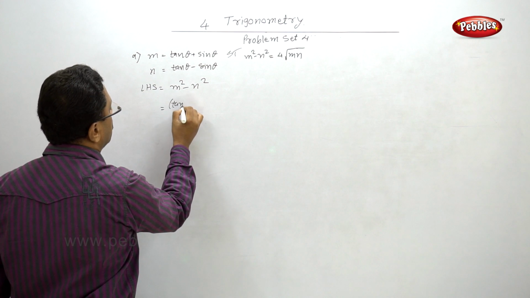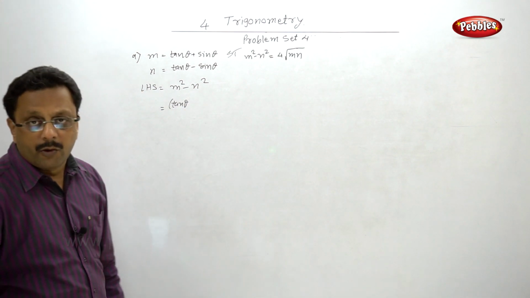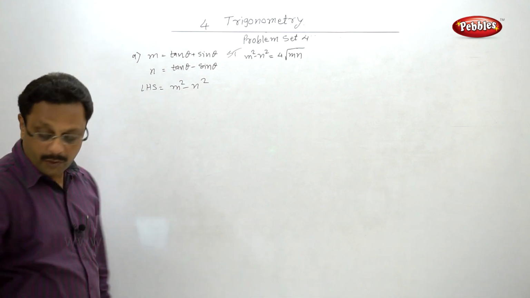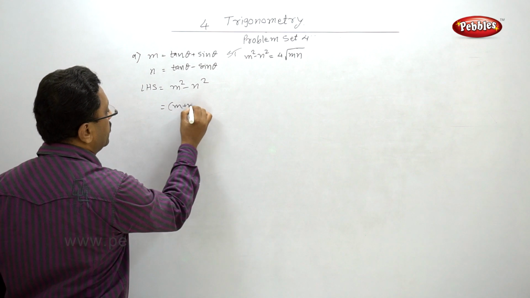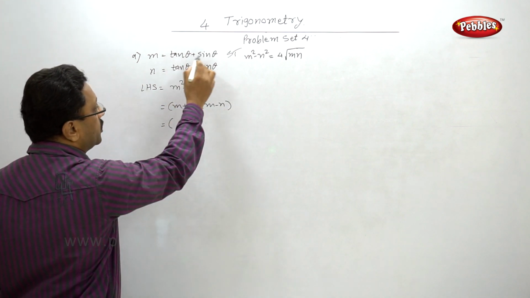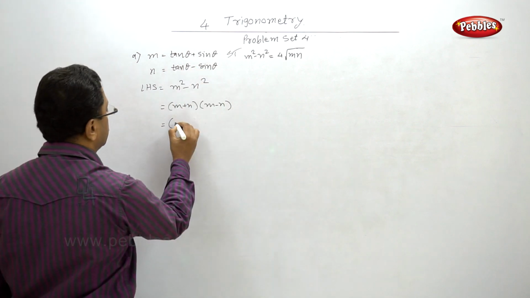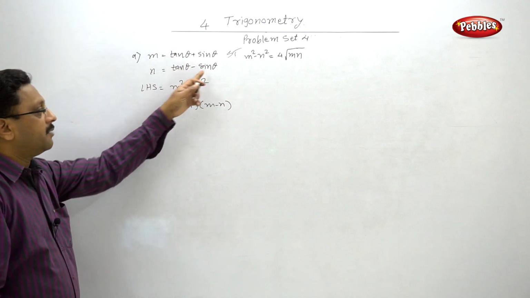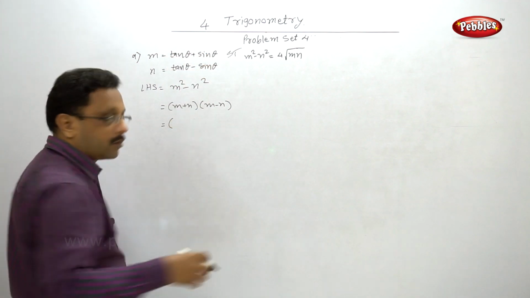You can eliminate one step and start with this, which is nothing but m plus n and m minus n. Now we will substitute: tan theta plus sin theta plus tan theta minus sin theta, and so on. I am not writing one more step, or let us write it.